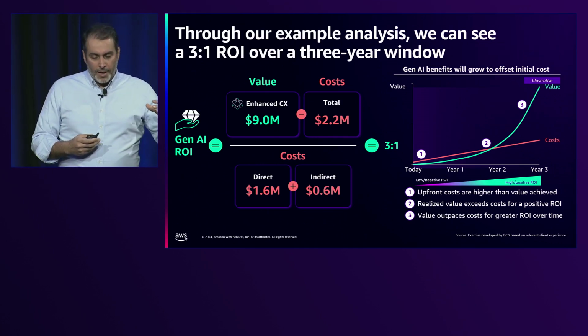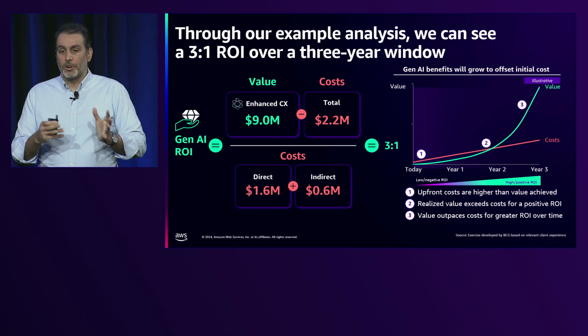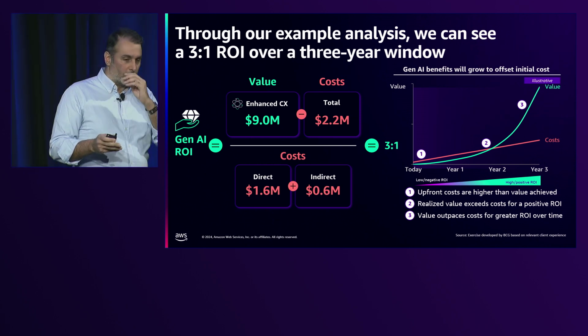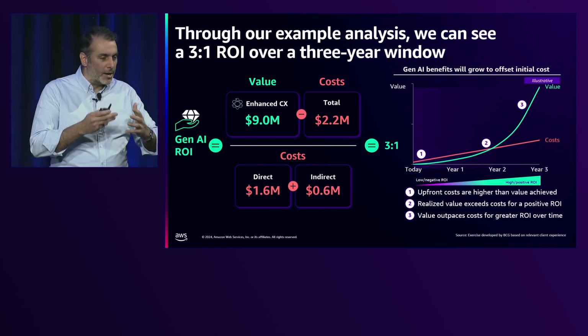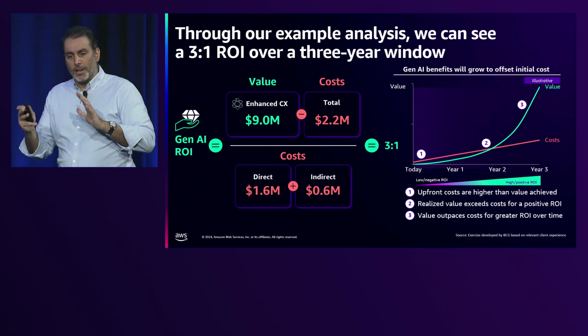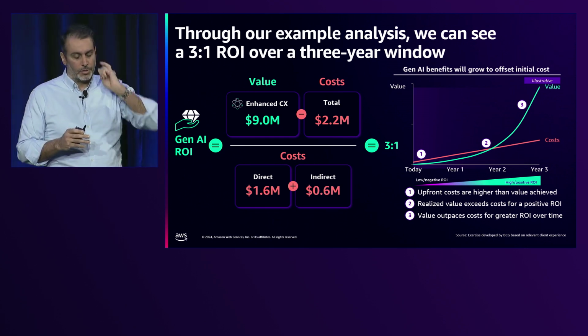That is the reason why we often see that these ROIs need to be looked at over a number of years as opposed to just the first year or the POC. It just doesn't make sense to look at it from that perspective. It just doesn't add up. A 3 to 5 year horizon seems to be common, and that's the horizon you should be looking at.